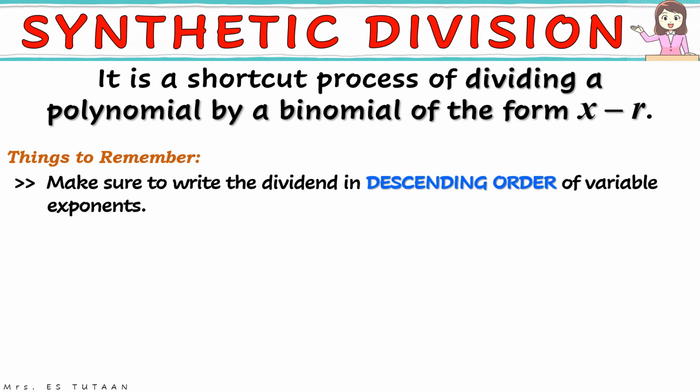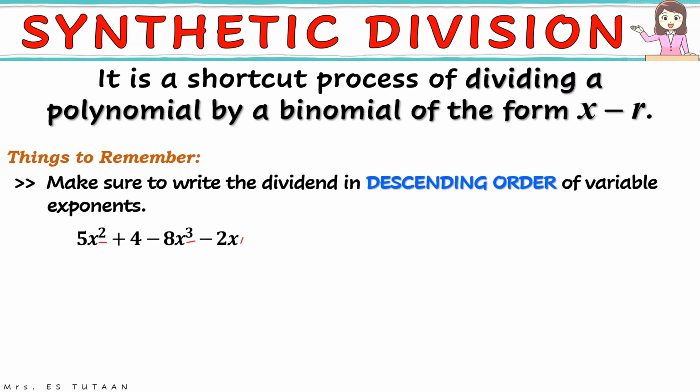Una, make sure to write the dividend in descending order of variables exponent. So, for example, we have 5x squared plus 4 minus 8x cubed minus 2x. So, tingnan natin yung mga exponents. Are the terms arranged according to the decreasing order of exponents?